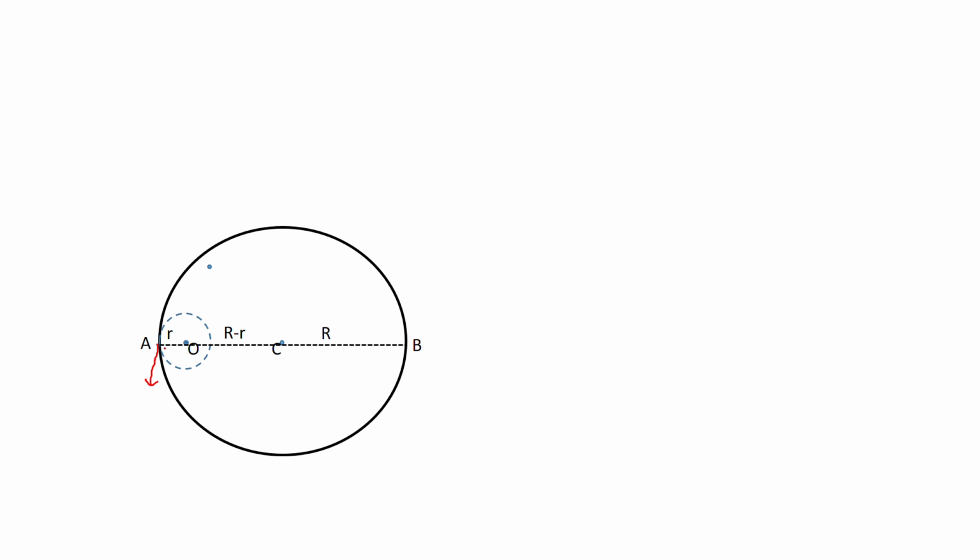So if we draw this line, if this is the velocity of point A, then this line will be normal, and this normal should pass, because it is a circular path, through the center of the circle of the finger as well as the center of the circle of the ring.